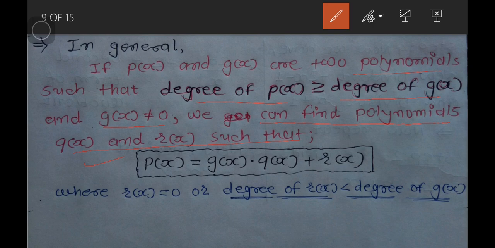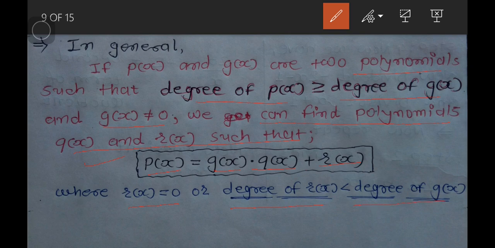We know that p of x is our dividend polynomial, g of x is our divisor polynomial, q of x is our quotient polynomial, and r of x is our remainder polynomial. We continue this process until we get r of x equal to 0, or the degree of r of x is less than the degree of g of x.